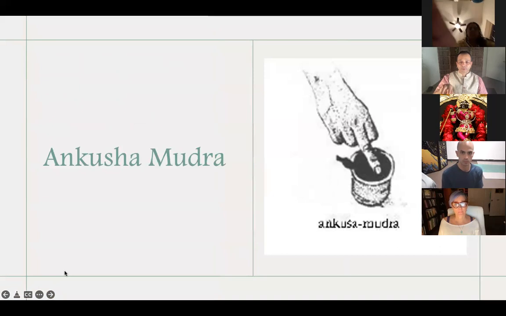Then this is called ankusha mudra. So then what happens is, we use this water pot, right? So you use this water pot for all achamanam before mantra. So first you have to do ankusha mudra so that nothing bad goes into it.